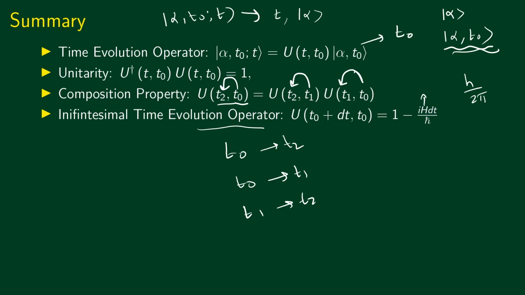The Hamiltonian operator is the Hermitian operator that represents energy. We showed that in this form, the infinitesimal time evolution operator has the properties that we want it to have. We saw that the composition property is satisfied, and that the unitarity property is satisfied, etc.